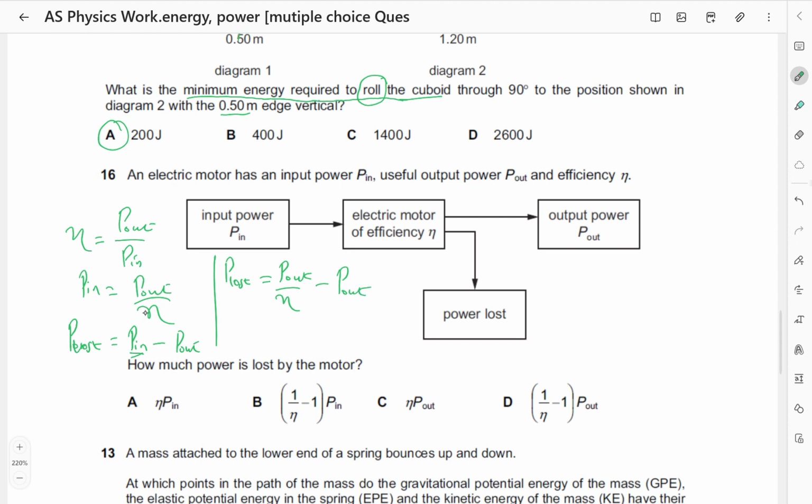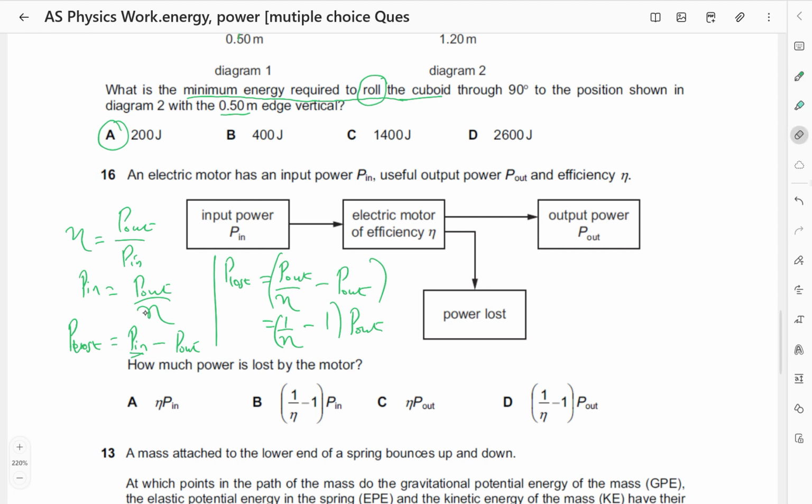So I simplify this by dividing by P out, and I remain with 1 over nu minus P out over P out, which will be 1. Then I can factor out P out.